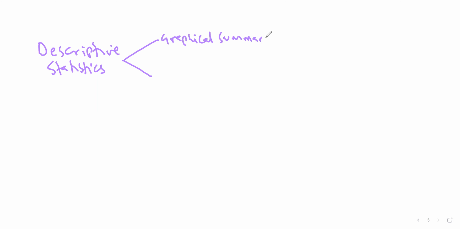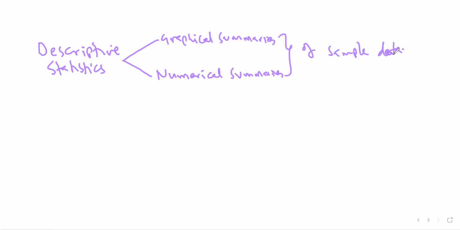You can use graphical summaries, or you can have numerical summaries. So when you have a large number of observations and you want to condense them, you can condense them graphically, or you can use numbers to summarize that. But the key thing is that this information is coming from sample data. So that's what we're calling descriptive statistics.